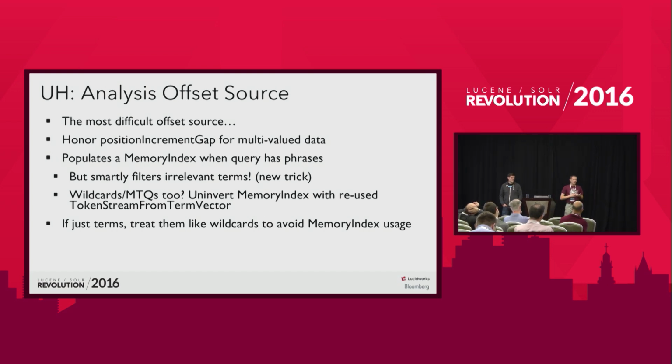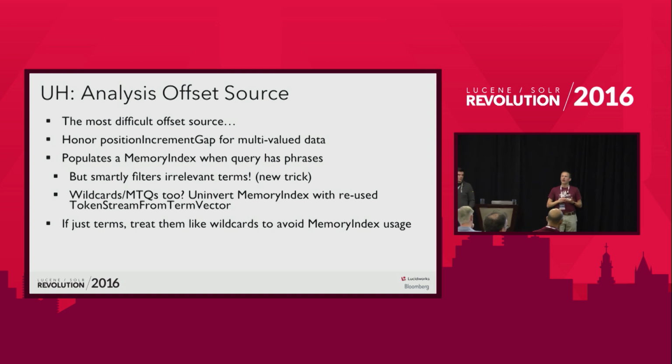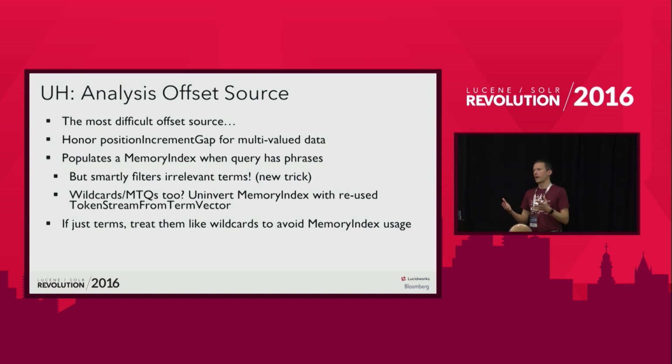It's a little similar to the standard highlighter in the sense that it's dealing with the token stream. And it's similar in that the standard highlighter will use a memory index to put the tokens into. This won't always do it. If your query is just a bunch of terms without any phrases involved, then we don't need to do that. But if you've got phrases, then we basically need to convert to span queries and execute them on a memory index, et cetera.